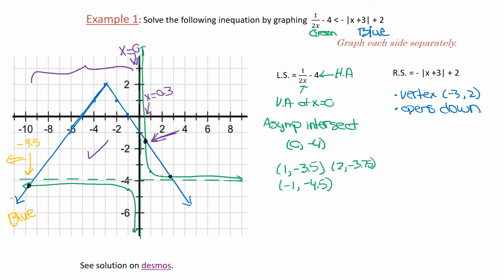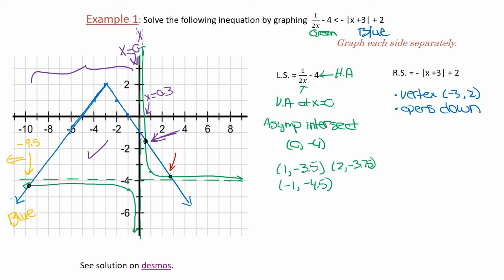So in the little space between 0 and 0.3, which graph is lower, green or blue? Between 0 and 0.3, the blue one is lower, so that's not part of our solution. That little part in between 0 and 0.3 is not going to be part of our solution. So let's look now between 0.3 and this point here.